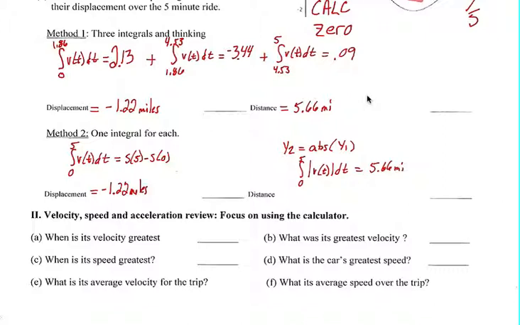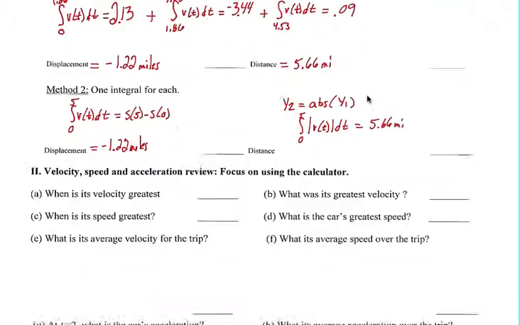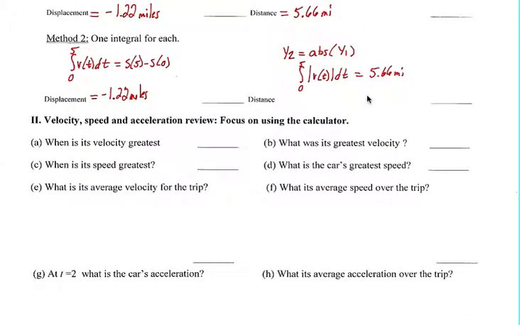All right, so continuing on, I'm going to go back and forth between our graph and these questions. So first question, when is the velocity the greatest? Velocity cares about whether it's positive or negative.